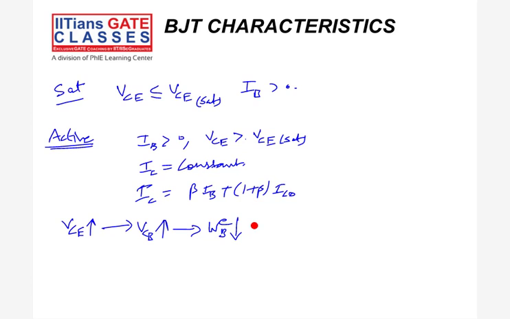If it is decreasing, our alpha will get increased and our beta also will get increased. So if both alpha and beta are increasing, then obviously our IC will get slightly increased. It is not that much increased, but slightly. So due to the increase in beta, IC increases with VCE. We say it is constant, but it is slightly increased.